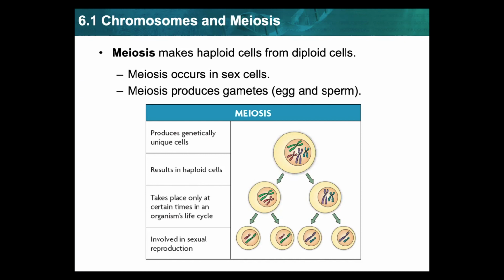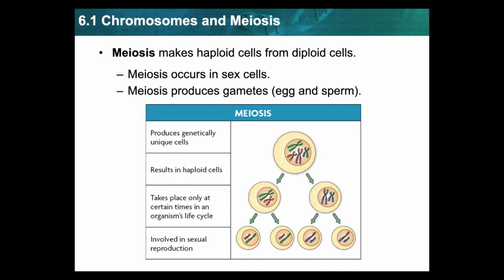In meiosis, what you can see is that one diploid cell turns into 4 haploid cells. So we start with one diploid cell, and you get 4 haploid cells at the end. And so the beginning cell has 4 chromosomes, right?